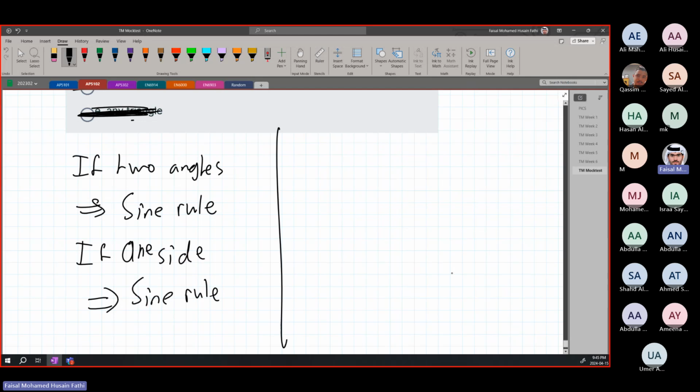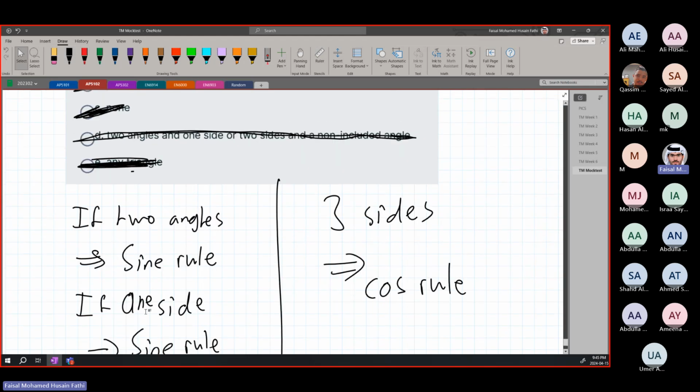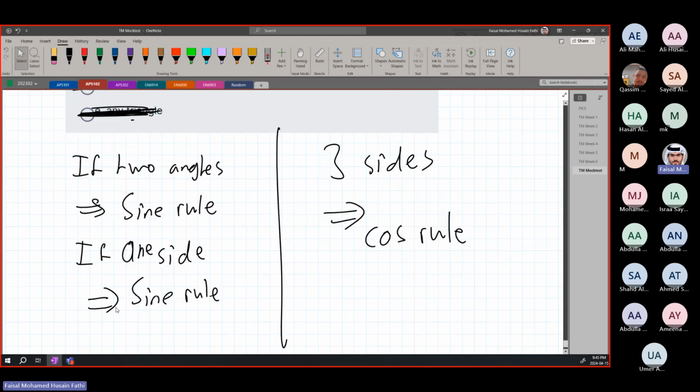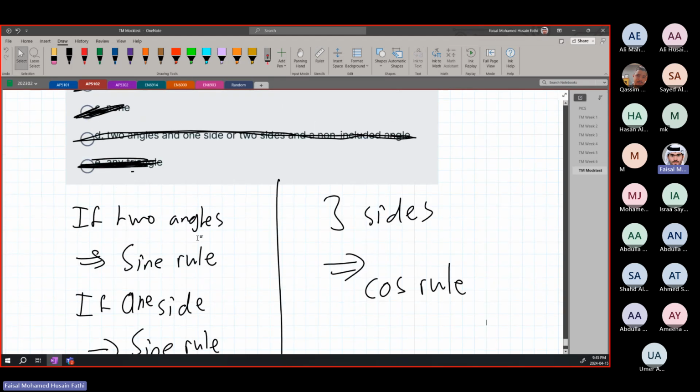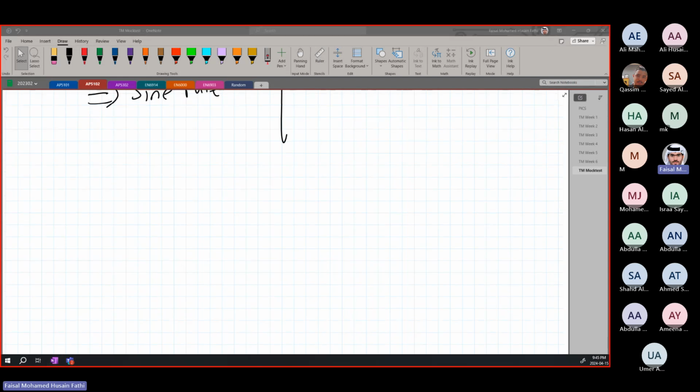If 3 sides are given, instantly you know it is cosine rule. That's how it always is. So if it's only 2 angles, sine rule. If it's one side, definitely sine rule. It doesn't matter which two angles or which one side. If it's all three sides, definitely cosine rule. All right. Let's see the next one.